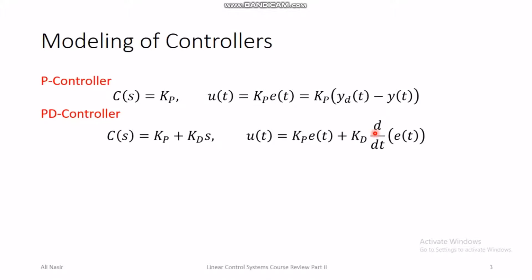But what is happening is the error is decreasing, so the rate of change of error is in the opposite direction to the error itself. So in this case, this Kd term will actually try to slow down the process and try to prevent the overshoot.